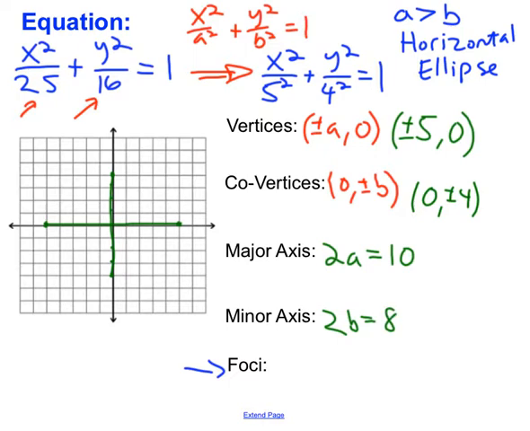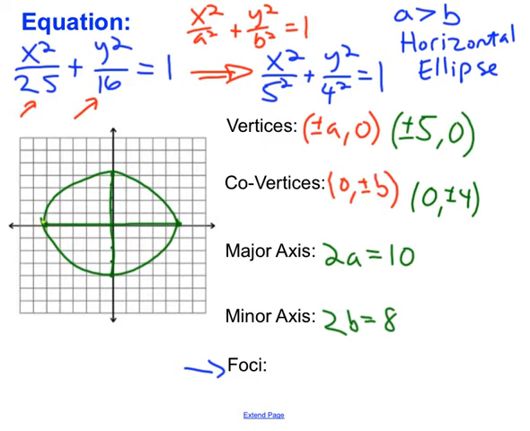Well, with those 2 points, we have enough that we can draw an ellipse. If we had toothpicks and string like the last video that we looked at, we could also plot the foci and then draw it. But from here, we can draw the shape of an ellipse. I'll draw the top and draw the bottom. You draw this too, yours. And there we go. We have our vertices, and we'll highlight those in yellow right now.